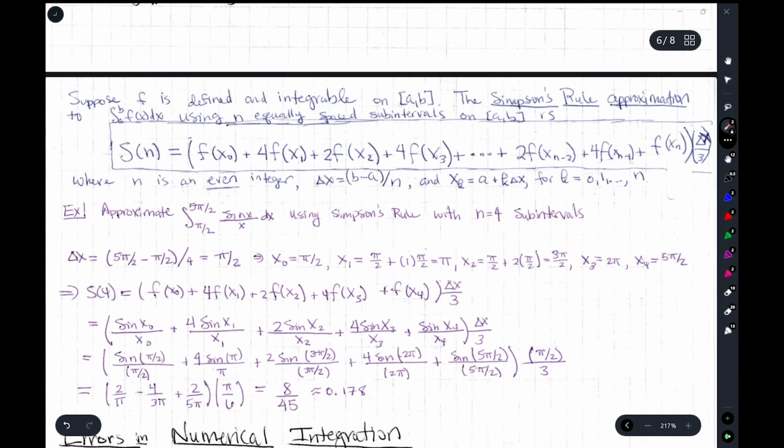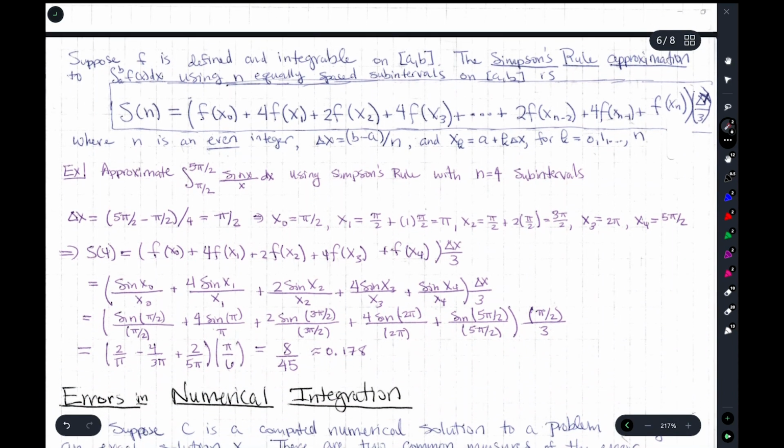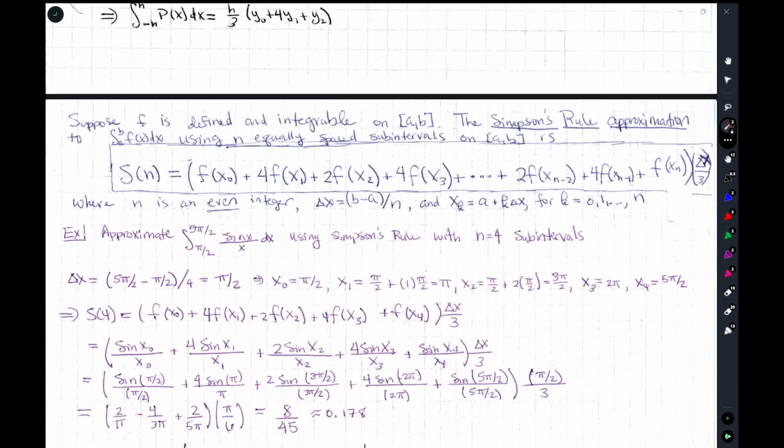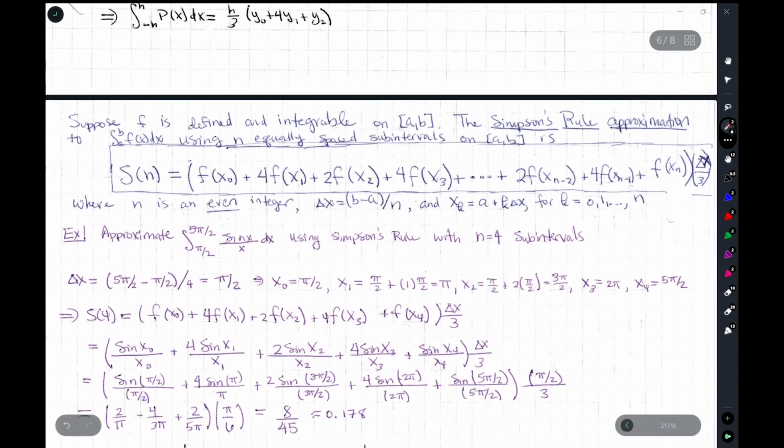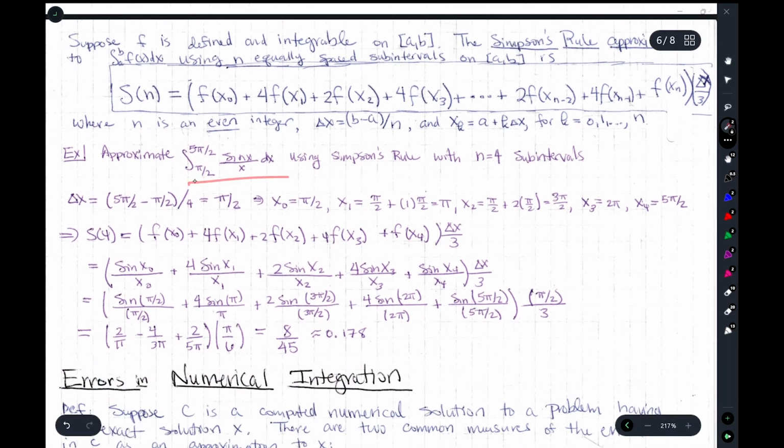So let's look at a concrete example of integrating using Simpson's rule. We want to integrate that value right there using Simpson's rule. To do that, we'll break up our interval of pi over 2 to 5 pi over 2 into 4 subintervals.